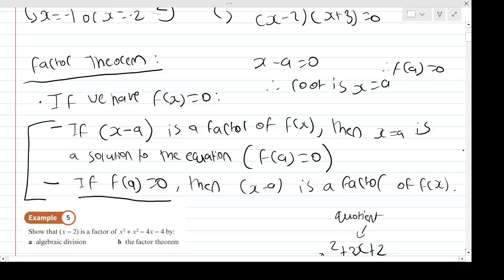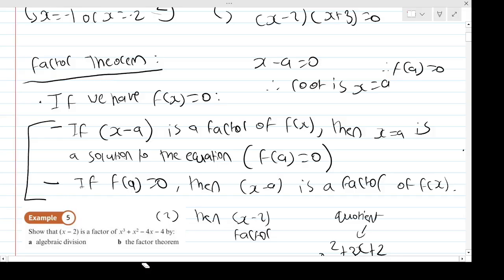So if x is positive 2 gives 0, then that means x minus 2 will be a factor, which is what we want, okay? So all in all, what we need to do to show it's a factor is simply to calculate f of 2. Because if f of 2 is a root, then x minus 2 will be a factor via the factor theorem, alright? That is this second bullet point here, okay? And so that's what we're going to do.